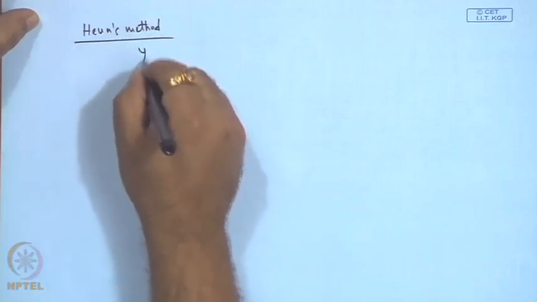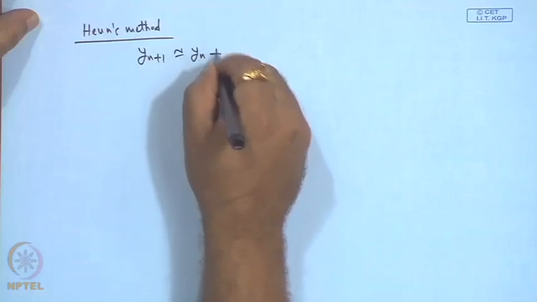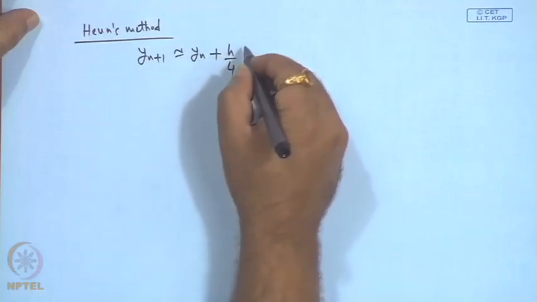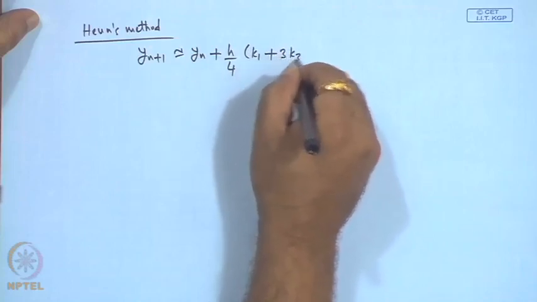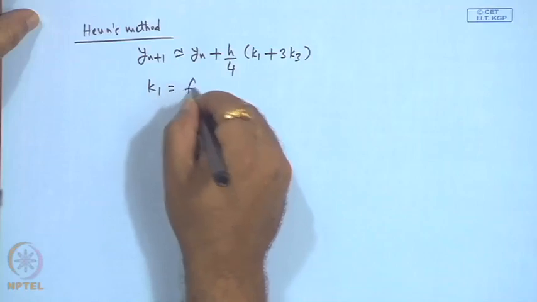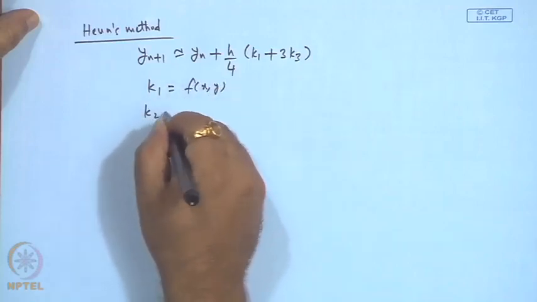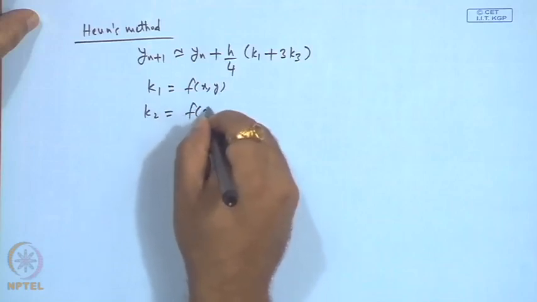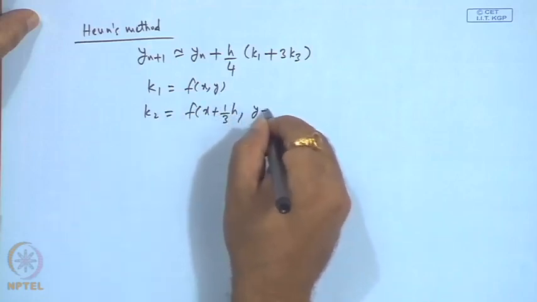So, what was the method? Y n plus 1 is y n plus h by 4, k 1 is f of x y, k 2 is f of x plus, y plus.